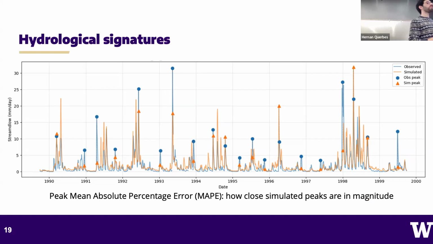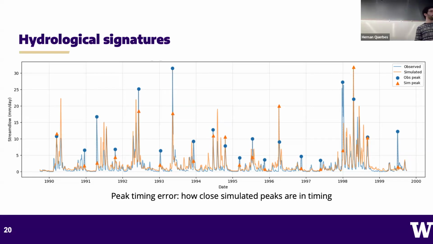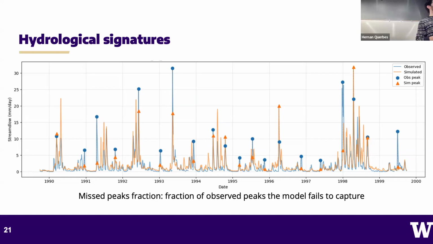First, we have the peak mean absolute percentage error. So this basically compares the magnitude of the peaks. Then we have the peak timing error, which basically looks at how distant in time are these peaks. And then the missed peaks fractions. This fraction is the fraction of peaks that the simulation can't reproduce from the observations.